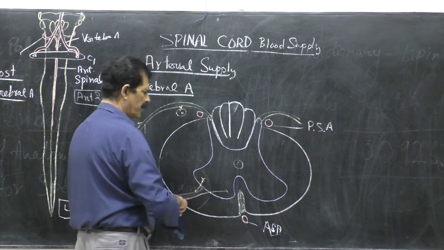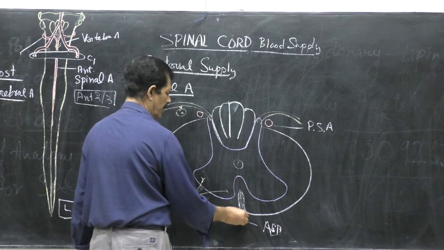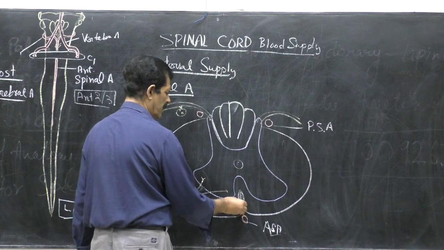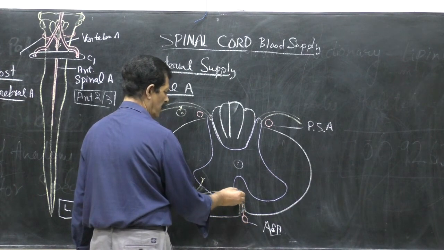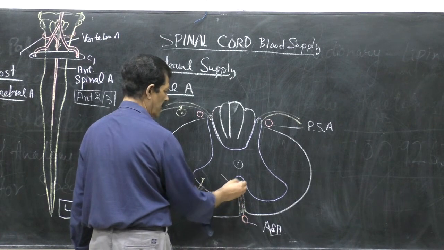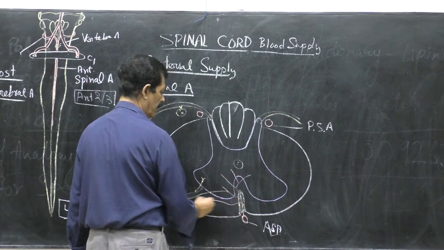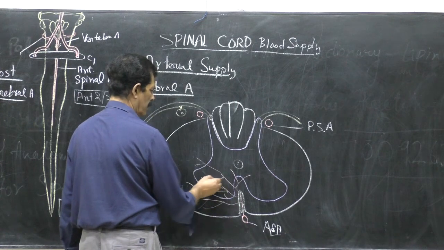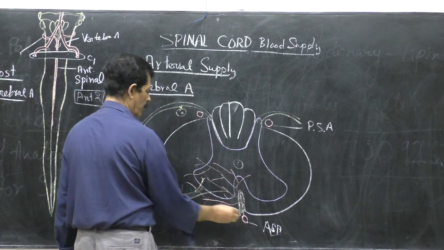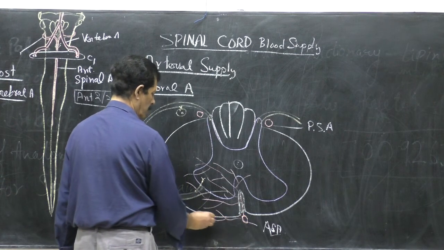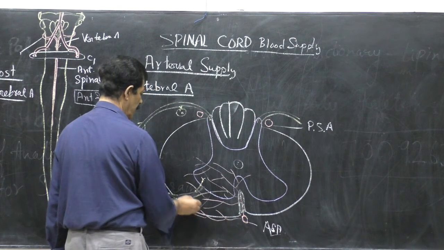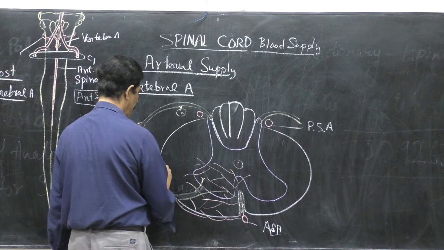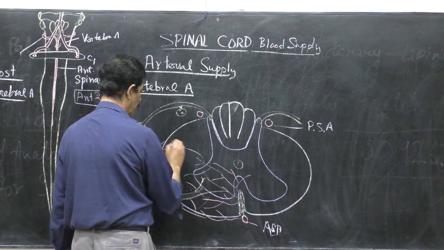In this linea splendens, the anterior spinal artery branches go and ramify and supply the anterior 2/3 of the spinal cord.